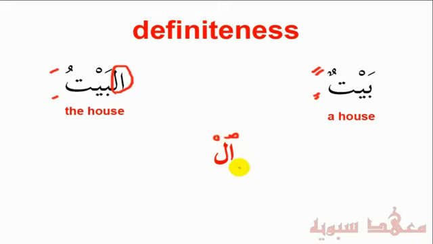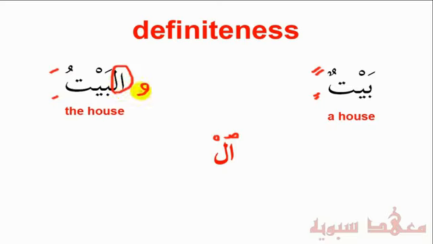Now knowing that this is a hamzat al-wasl, we know that with hamzat al-wasl, if it starts off a sentence, it's pronounced. So al-baytu. But if there's something before it, let's say a waw, what happens? It's wal-baytu. So this is not pronounced because it's in the middle of a sentence.